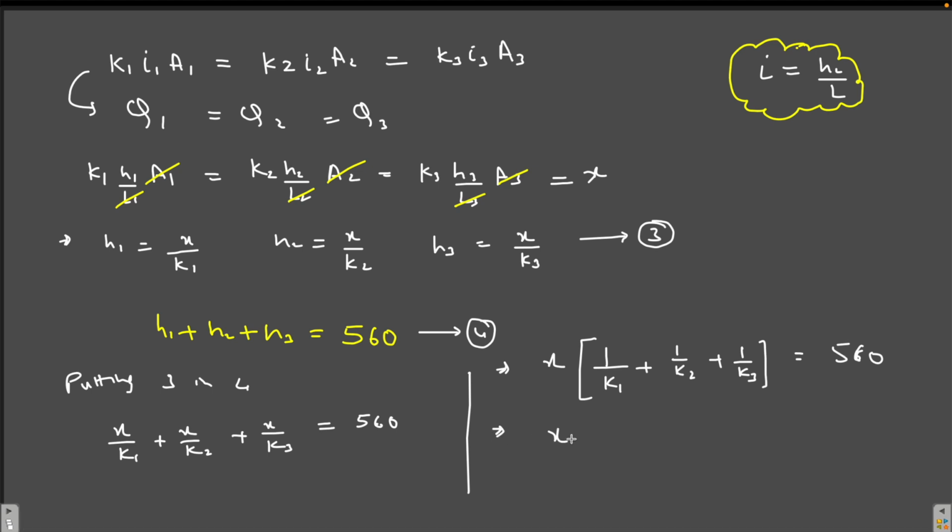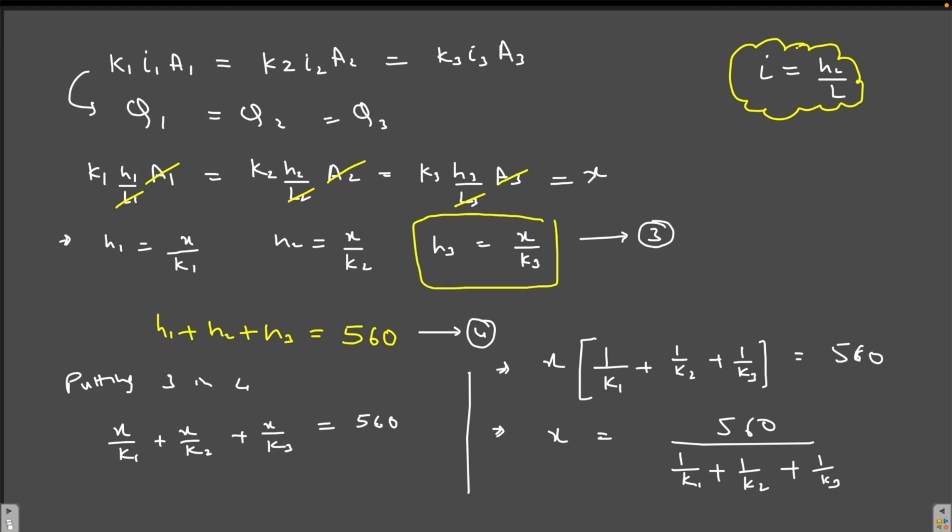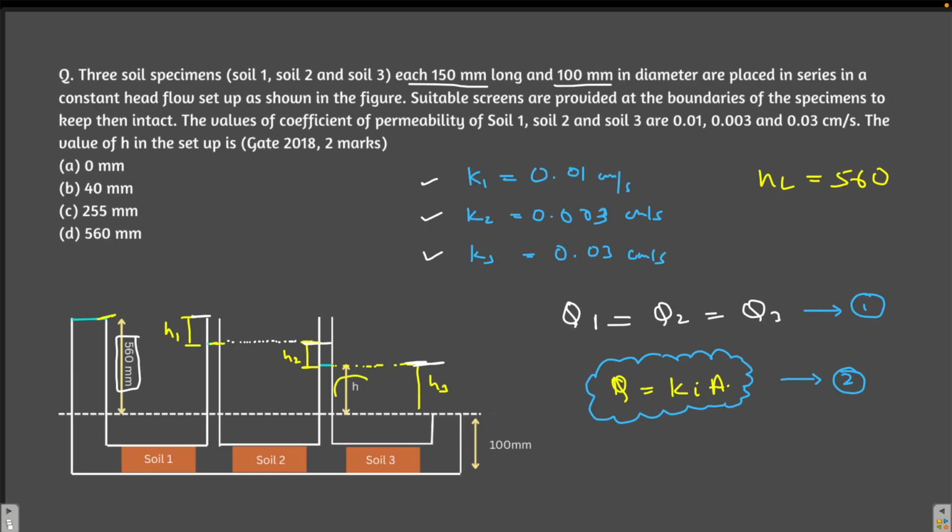If we want to find the value of X, we can write 560 divided by (1 by K1 plus 1 by K2 plus 1 by K3). We all know the values of K1, K2 and K3, right? It's given in the question. So if we put those values in, we can easily find X. Once we get X, from this equation we can find H3, and that is what we have to find out. H3 is the same as H, right?